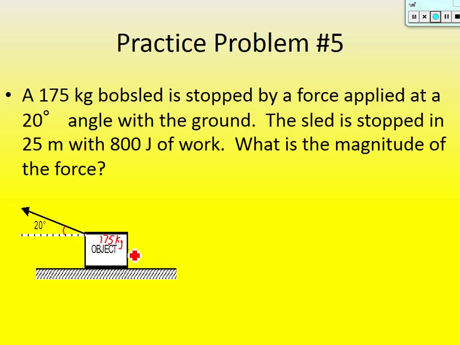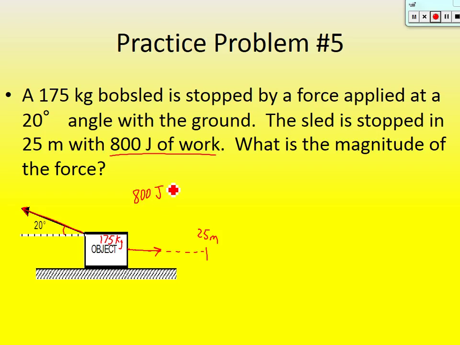So I guess this bobsled was going to the right. And somebody is applying a force with a rope to this bobsled to stop it. That's how I interpreted it. It took 25 meters, so let's say it comes out here 25 meters in order to stop it, and it took 800 joules of work to do that.